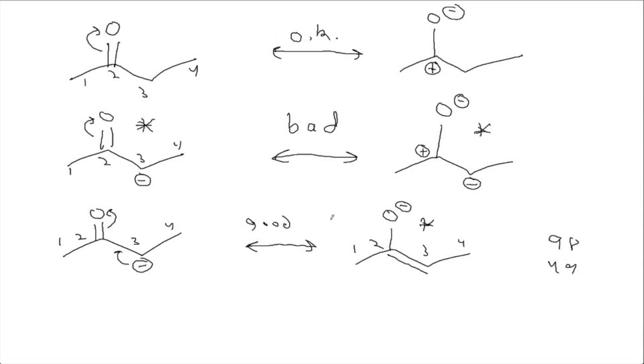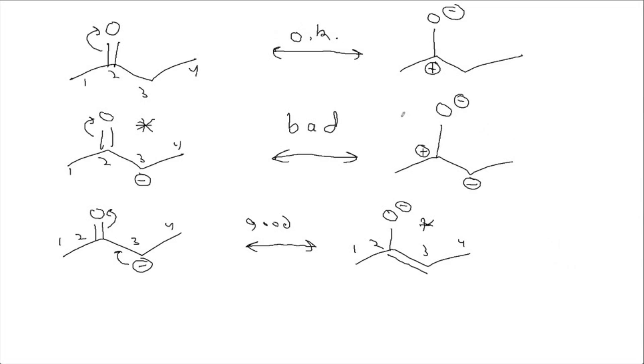They wouldn't really be equal, but just say they're equal. 49% on this structure, 49% on this structure, and only 2% on this structure. Well, then this one is so insignificant that there's no point drawing it in the first place. So not only do we want to avoid illegal resonance structures, but we also want to avoid drawing ones that are completely insignificant. So this is bad, not because it's impossible, but because it's so very, very insignificant in the weighted average.